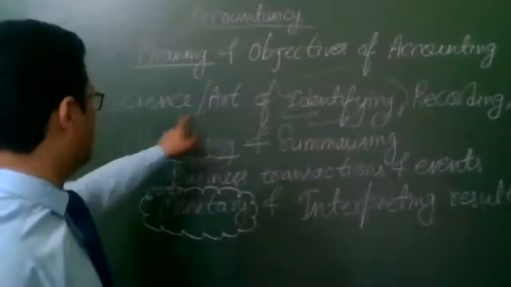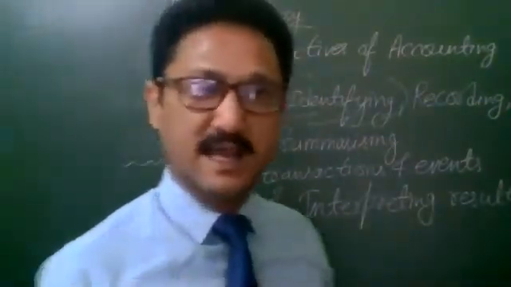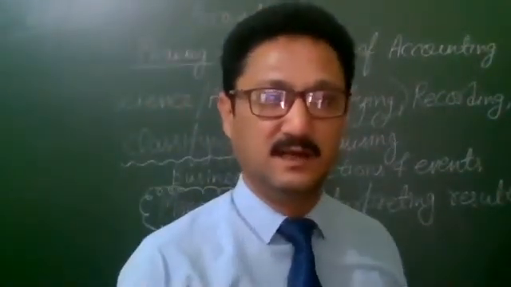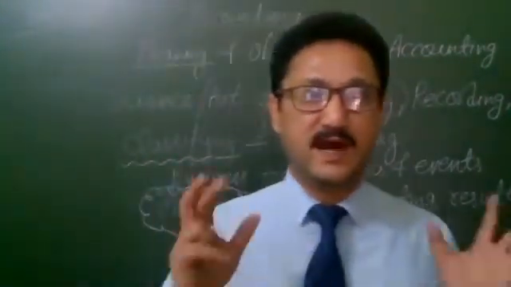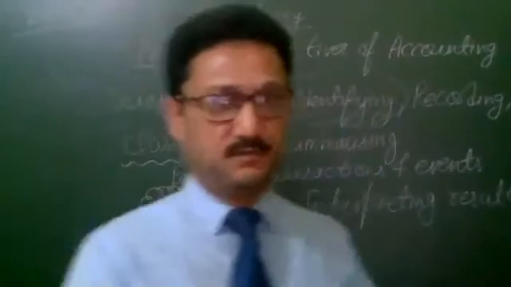The very first thing: accounting is a science as well as an art. I will tell you later on how accounting is a science and why it is an art also.